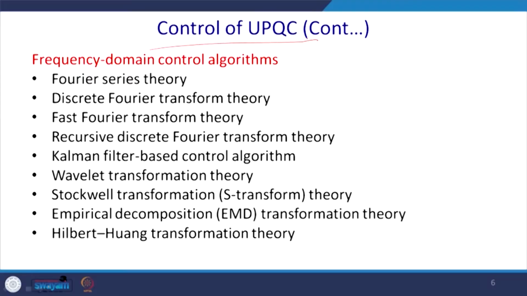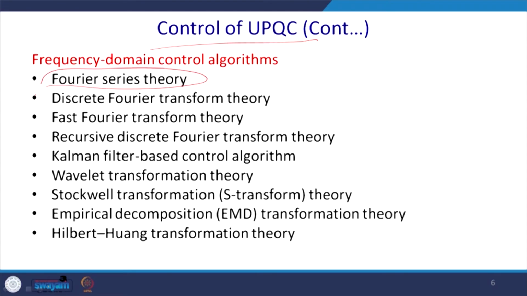Now, in the same way we have seen the complexity of the time domain. So, there is a big challenge: your computational burden is quite high. To get rid of that computational burden, we want to have a control reference generation technique in the frequency domain. The simplest form is the Fourier series theory.